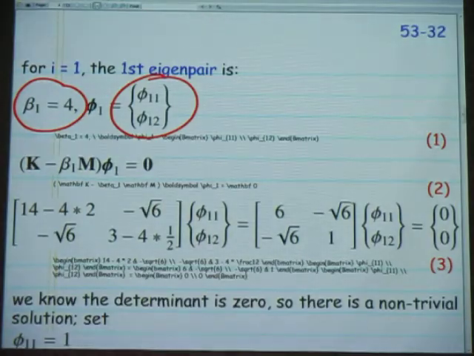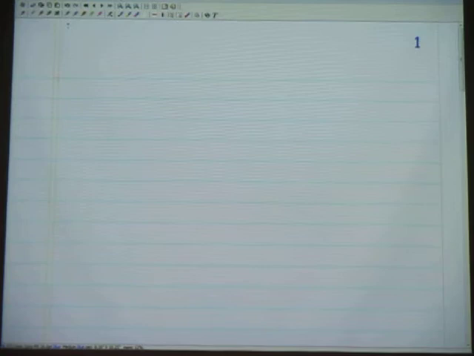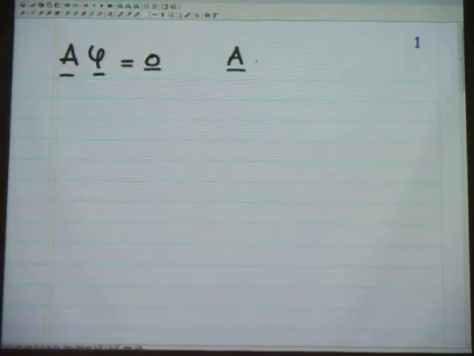So what I was saying is the following. If you have a matrix, let's say you are solving A times phi equal to 0, right? And I define A as K minus beta 1 M. Okay?